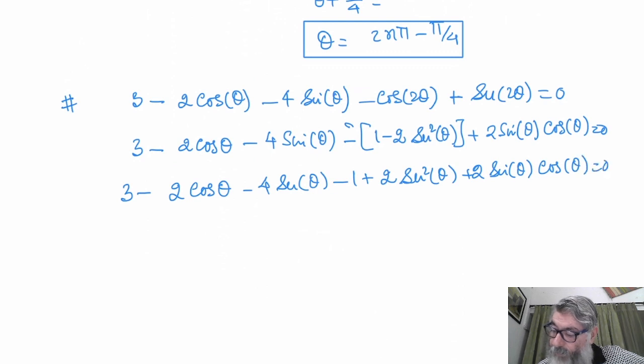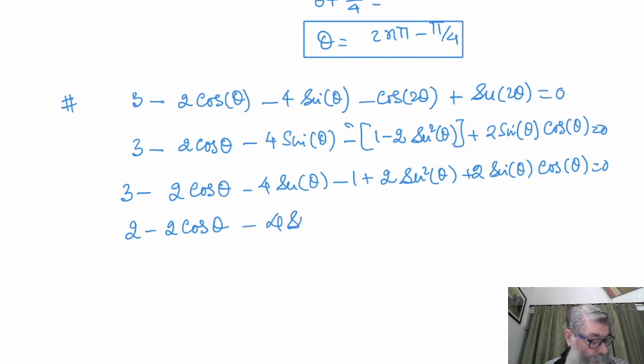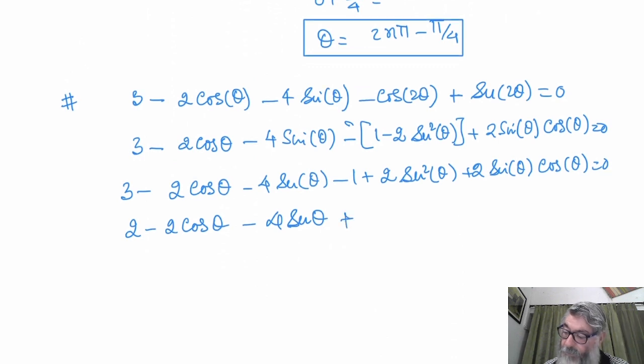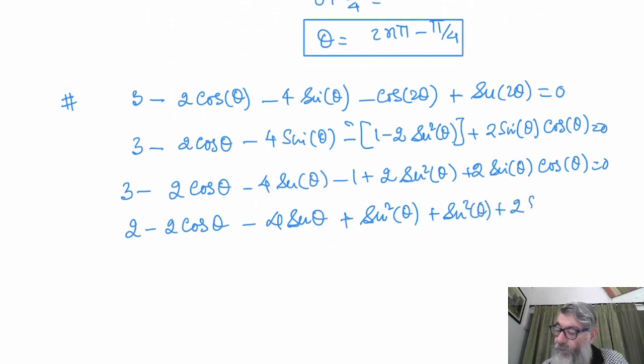4 sin theta, and we will change this 2 sine square theta to sine square theta plus sine square theta plus 2 sine theta cos theta. Let's count the terms here. 1, 2, 3. If it was not divided, 4 and 5 terms would have remained.